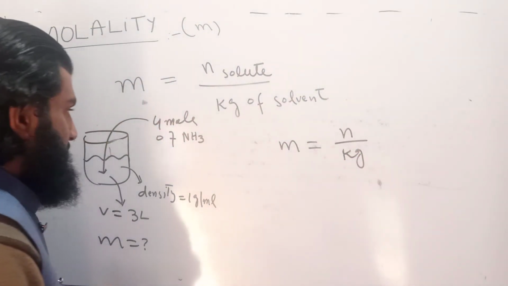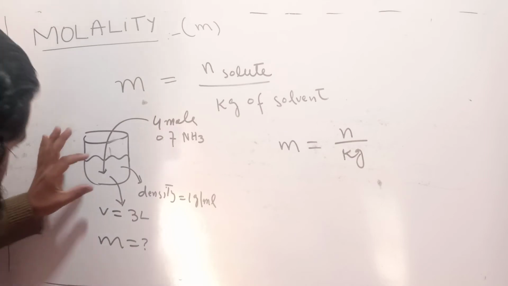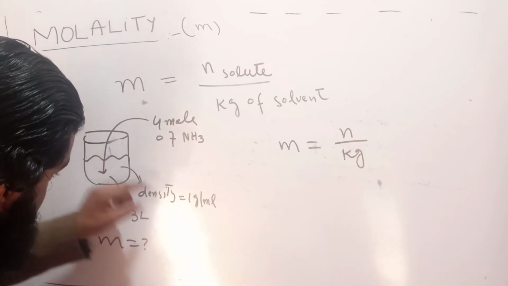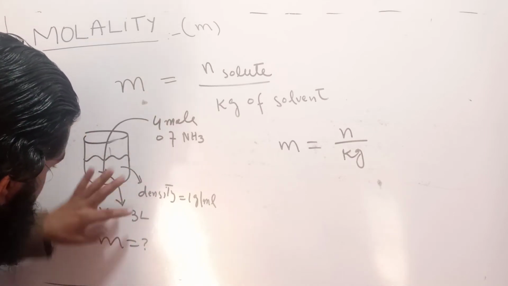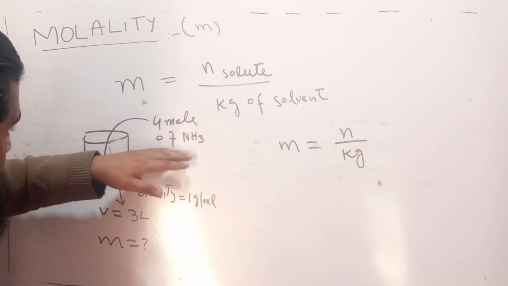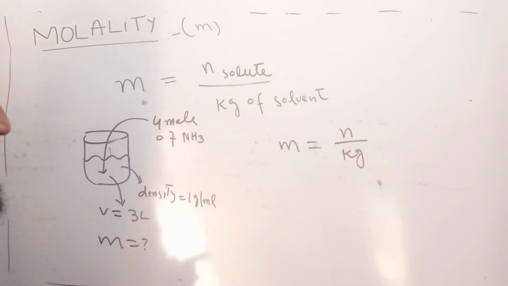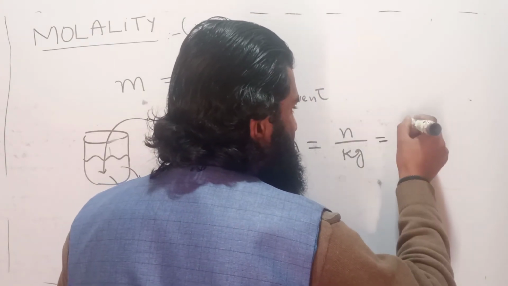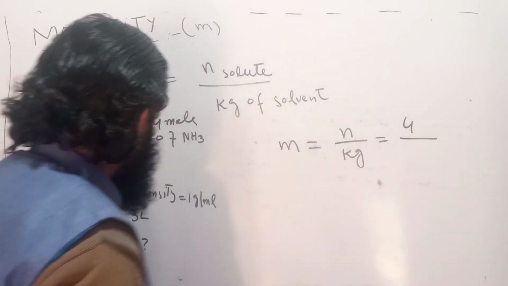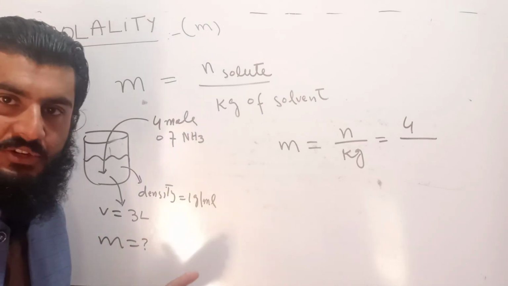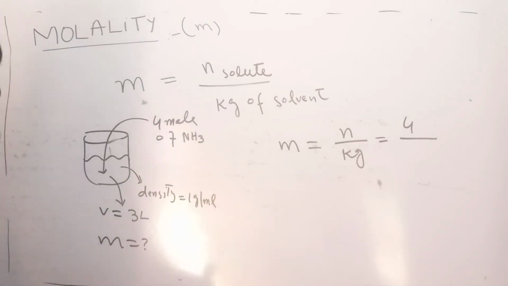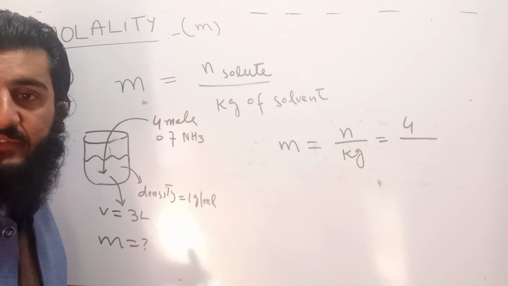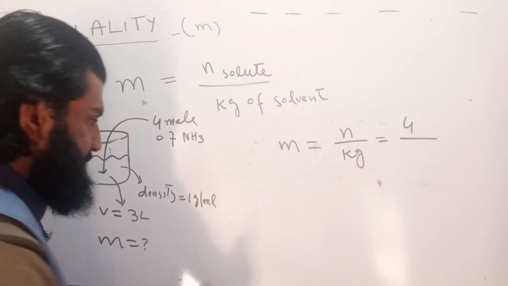When we see the data, this is a solvent and this is its density, this is its volume, and we have added 4 mole of NH3. Clear? Here we have moles of NH3 as 4, but kilogram of solvent is not given. So first of all, we want to calculate the mass of the solvent in kilograms.